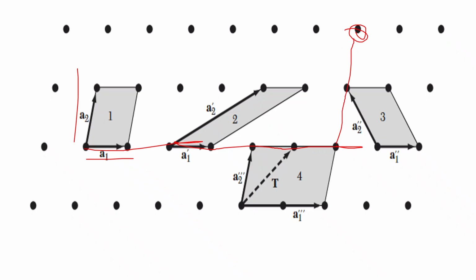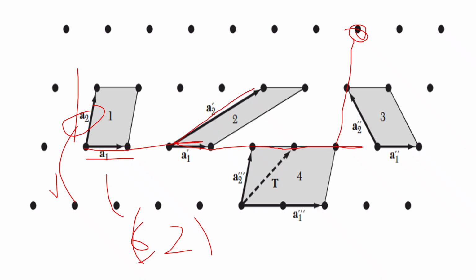So A1 is 6 here and A2 is 2. So A1 comma A2, that is 6 comma 2. So these are going to be the integers, and these are going to be basis vectors to map the whole lattice. And these vectors can be chosen according to our convenience.